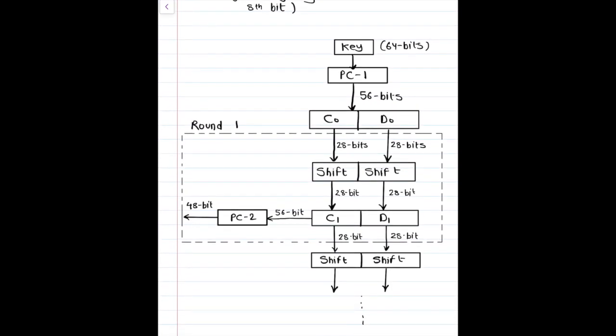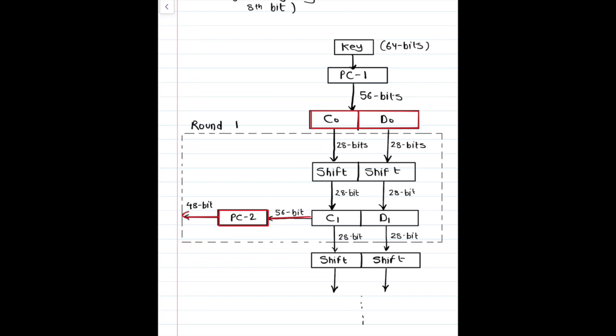The 56-bit key is divided into 2 halves of 28 bits each, called C and D. In each round, we shift the bits of each half by some specific amount. This shifted data is then passed on to PC2 or permuted choice 2, which gives the 48-bit key as the output. This process is repeated 16 times and 16 unique keys are generated.